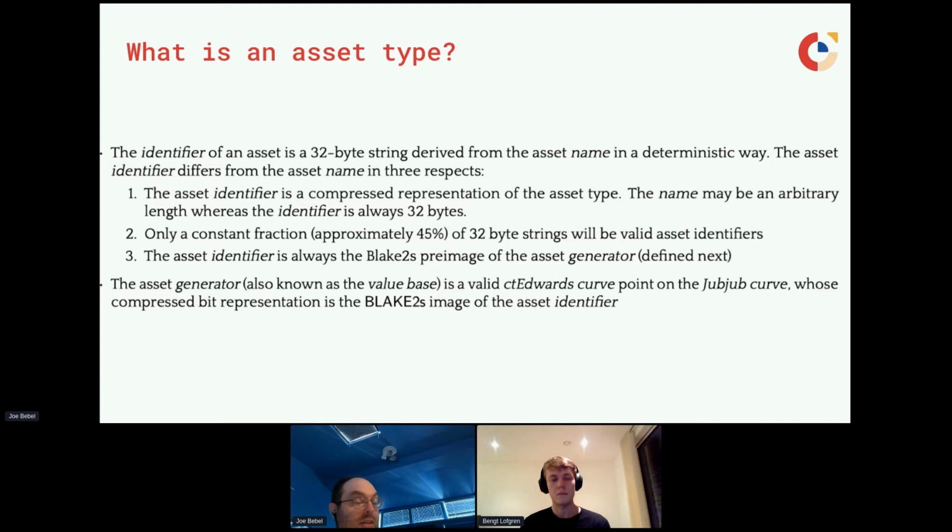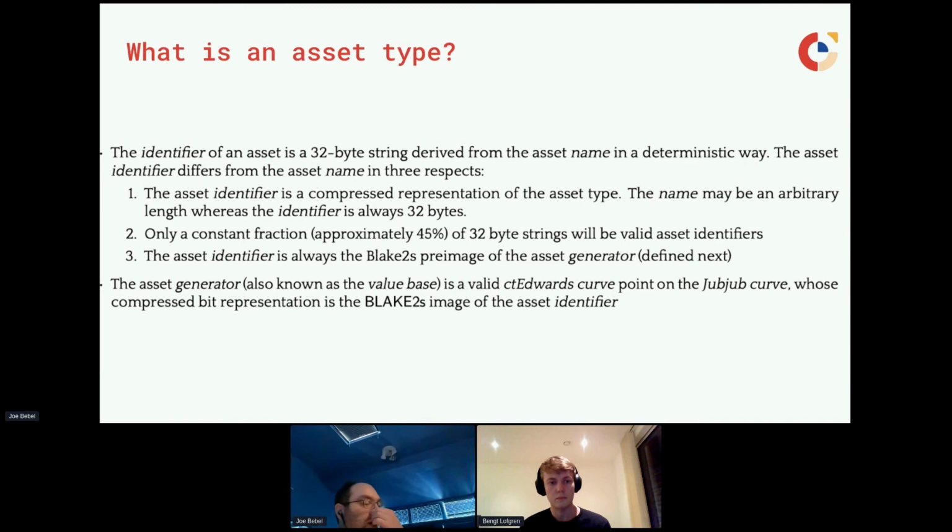This is because of the third requirement, which is that if you take the Blake2s hash of the asset identifier, you get the asset generator, which is the elliptic curve point that we're going to use in our value commitment.